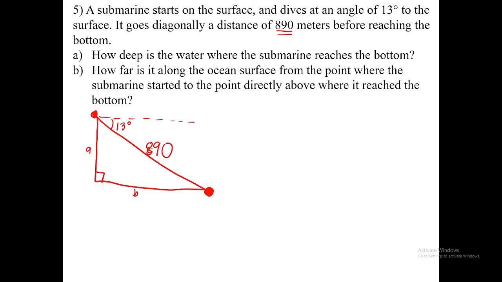Here's the question: how deep is the water where the submarine reaches the bottom? So meaning, what we are looking for is this. This is the first one we look for, X. So let's solve for X first. What function will I use when I solve for X? Is it sine, cosine, or tangent?